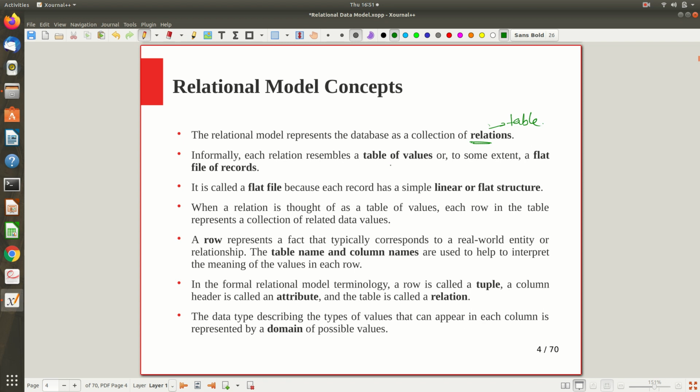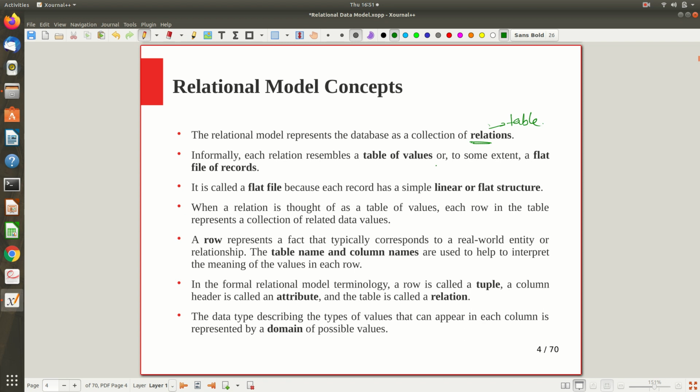Informally, each relation resembles a table of values, and to some extent a flat file of records, because in a table information is stored as different rows, and each row corresponds to a record of related information. Together we can keep it in secondary memory as a flat file of records. It is called a flat file because each record follows a simple linear, flat structure.